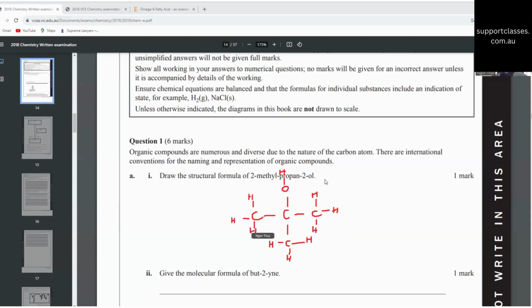That is excellent. 2-methyl propan-2-ol. Now cut and paste that. Now remember that is the structural formula.